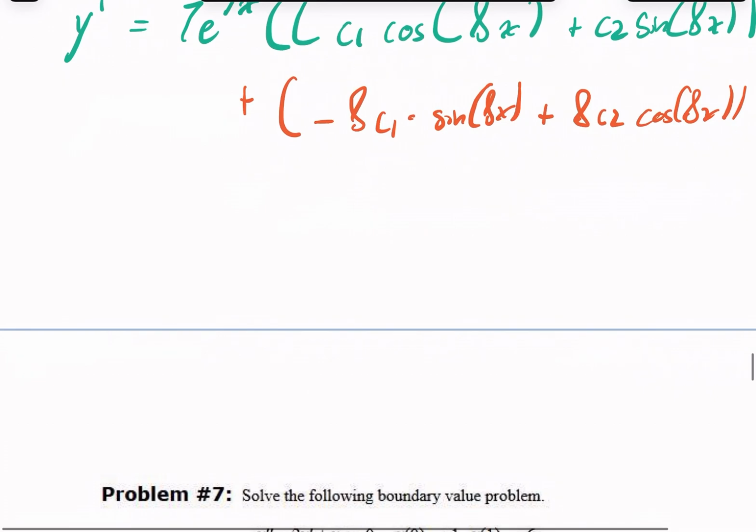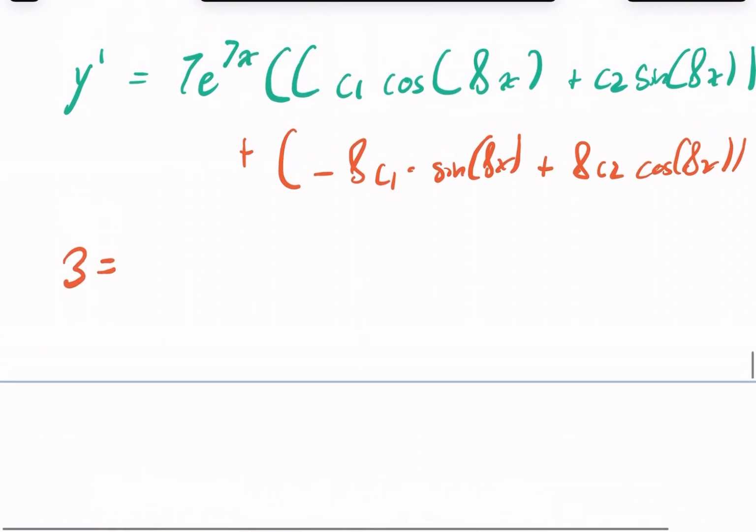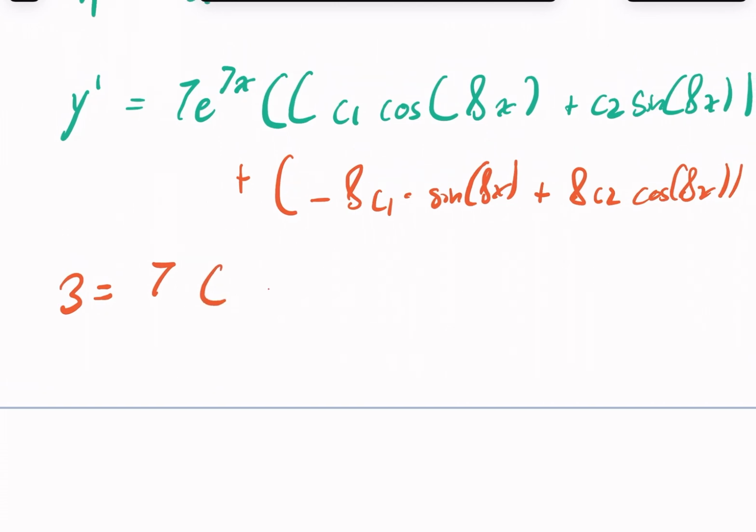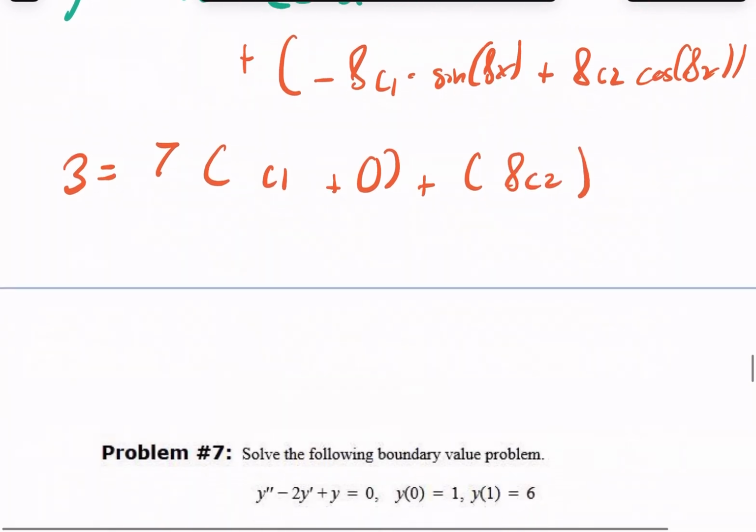Okay, so then we get 3 equals, we have 7 now, times c1, because the cos of 0 is 1, plus the second one goes away, plus this sine goes away, 8c2. Cool. And that's really all we got here.